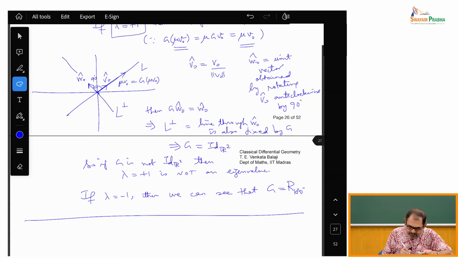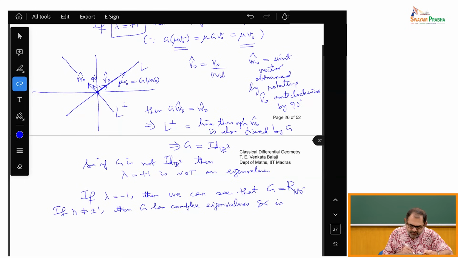So I think I will stop here. Let me write one last line here. If lambda is not equal to plus or minus 1, then G has complex eigenvalues and is again seen to be a rotation.